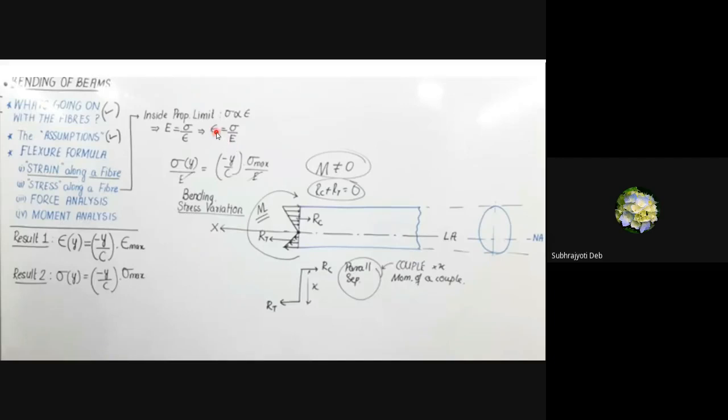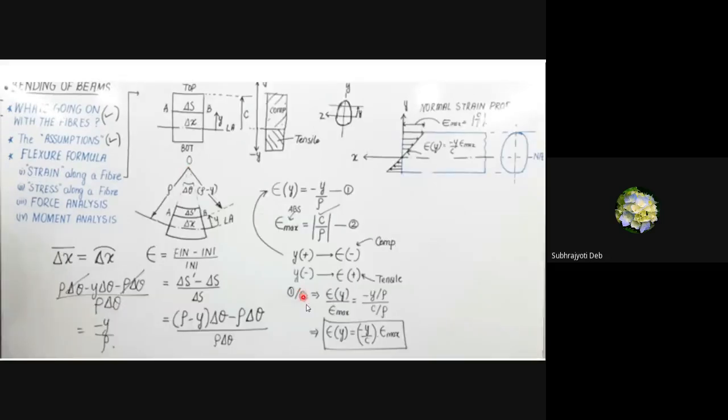Epsilon is strain, sigma is your stress, and E is Young's modulus. So in this formula, you just put the values of the previous one. See, values of this epsilon.